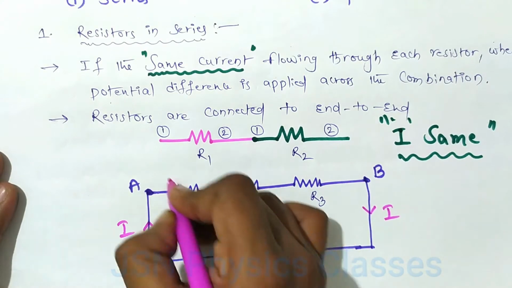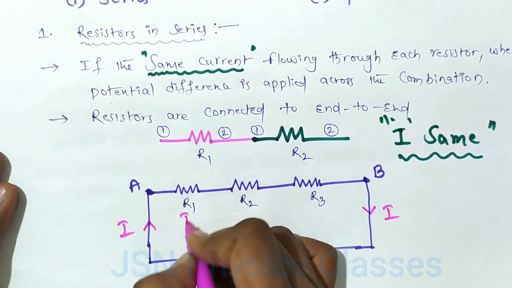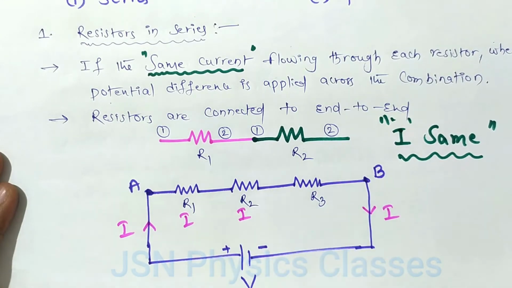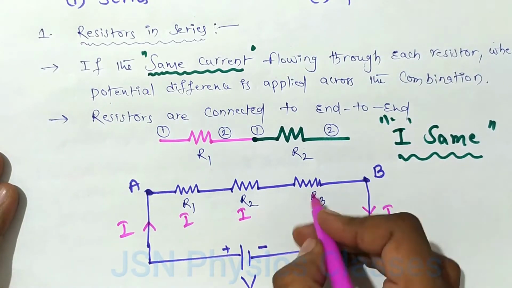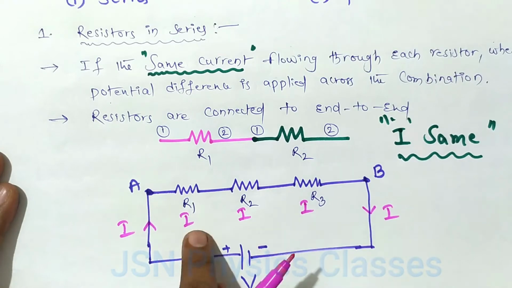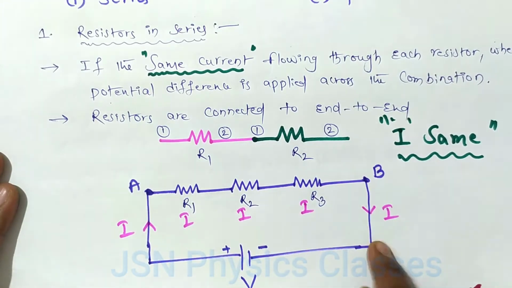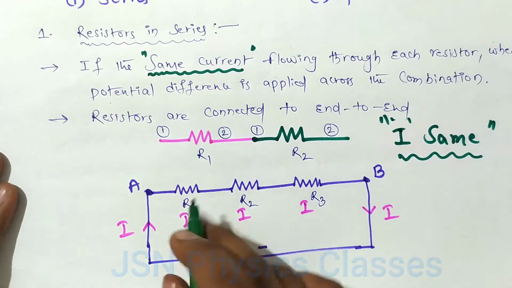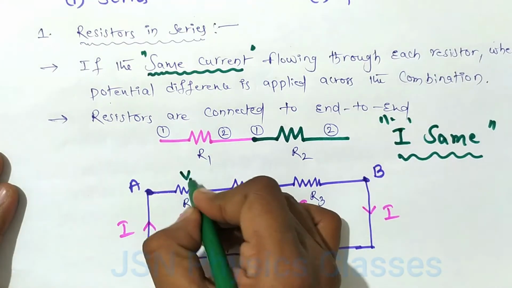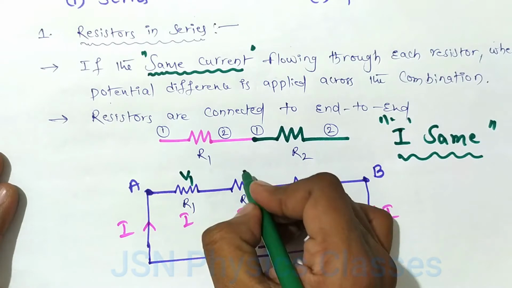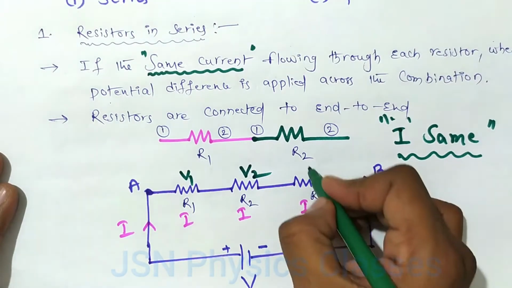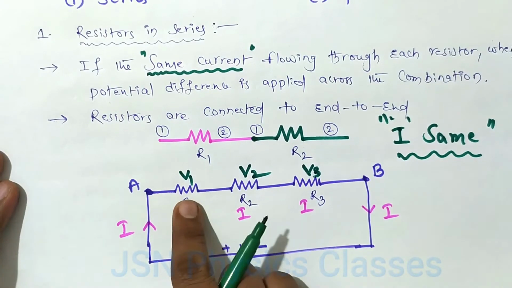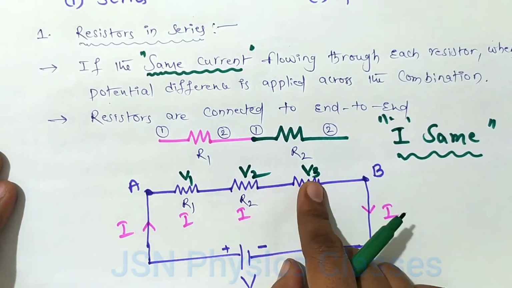The current across R1 is I, the current across R2 is also I, and the current across R3 is also I. That means the same current is passed. Also, the potential drop across R1 is V1, at R2 is V2, and at R3 is V3. So potential is shared across each resistor.